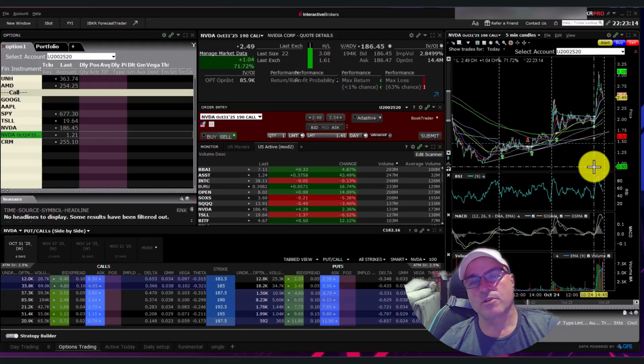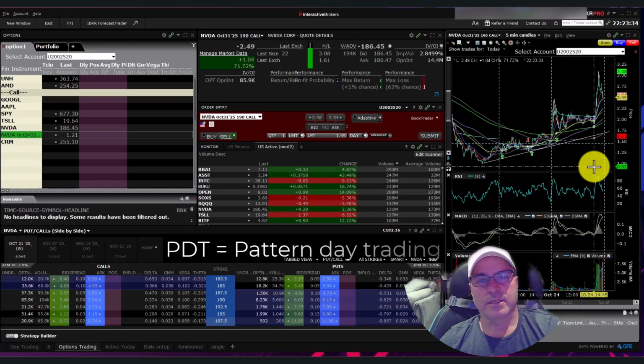But with a cash account, it's going to be tough. If you are US based, of course, with a cash account, you have a limitation of PDT that you can't really have too many trades. You get to trade 3 times a week, I guess.